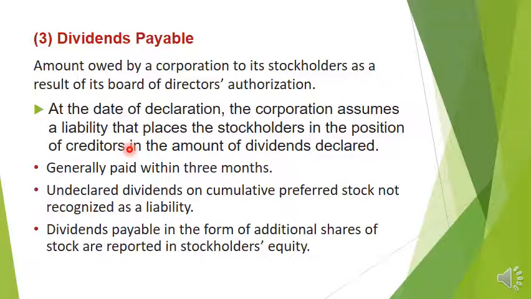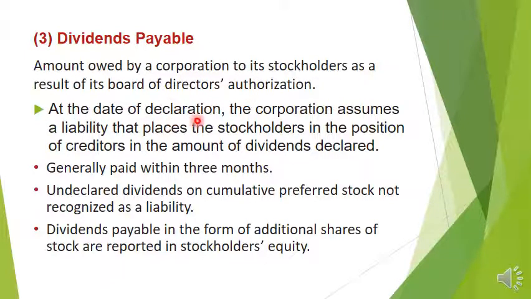The third kind of current liabilities, dividends payable. Amount owed by a corporation to its stockholders as a result of its board of directors' authorization.